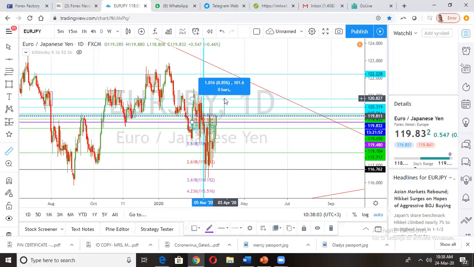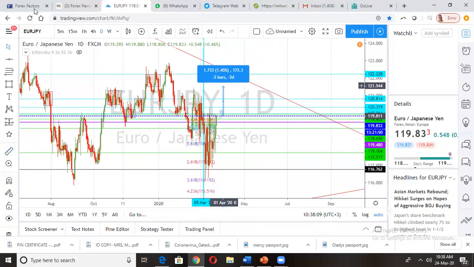It could even go all the way up to 150 pips, 170 pips thereabouts. So 100 to 150 pips.